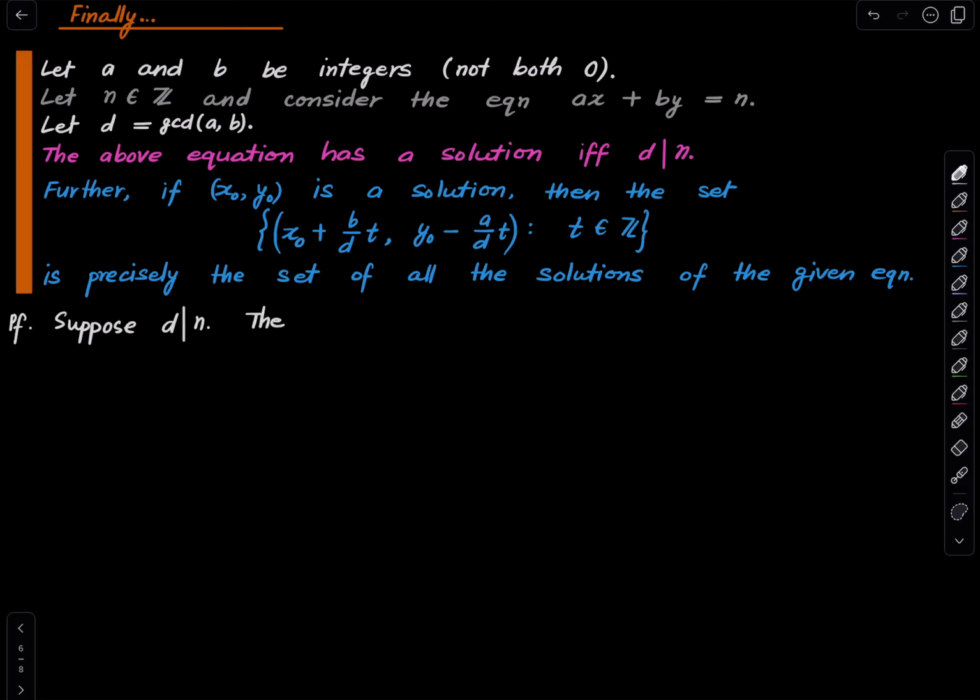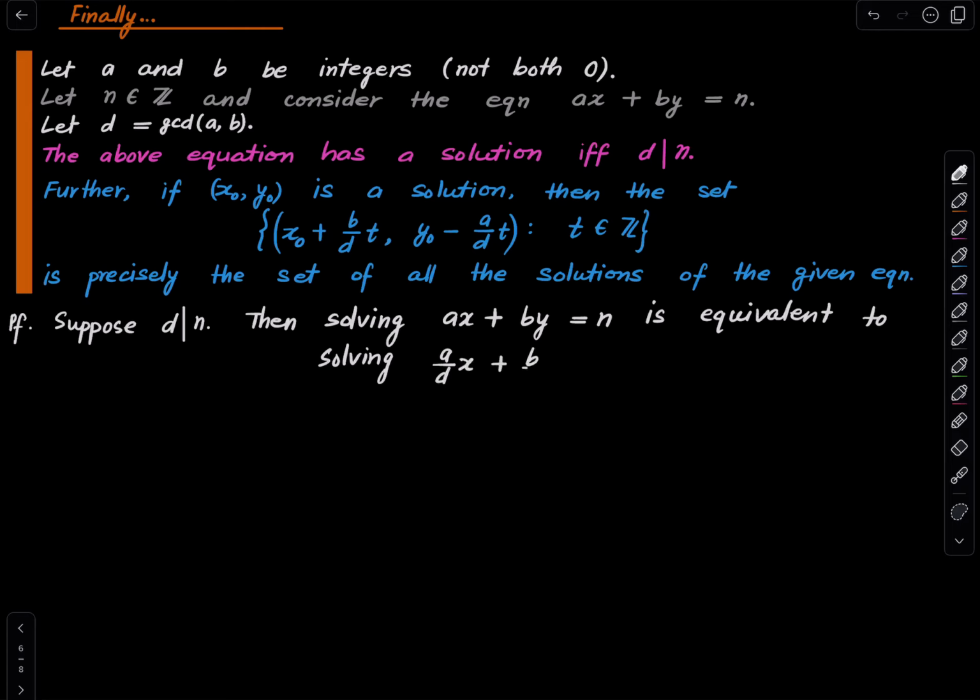Then solving this equation is equivalent to solving this equation, a by d times x plus b by d times y equals n by d. Because n is divisible by d, this is an integer, and these are anyway integers. So instead of working with that equation, we can work with this equation, and it helps because the GCD of a by d and b by d is 1. This is the scaling property, if you will. So this equation does have a solution.